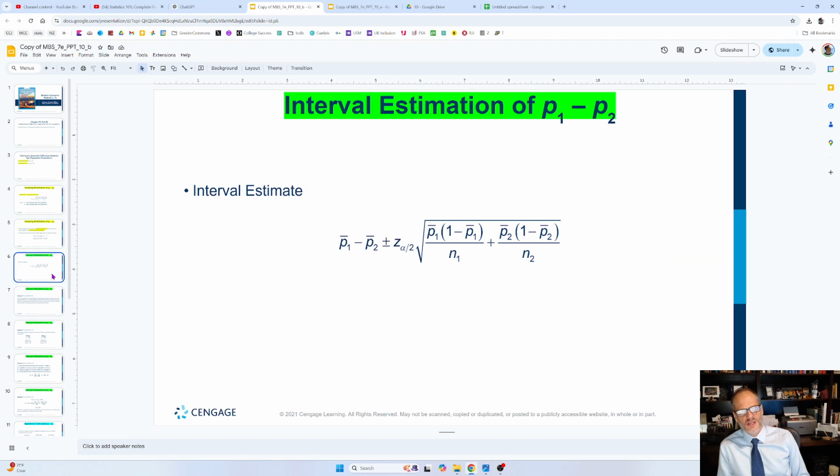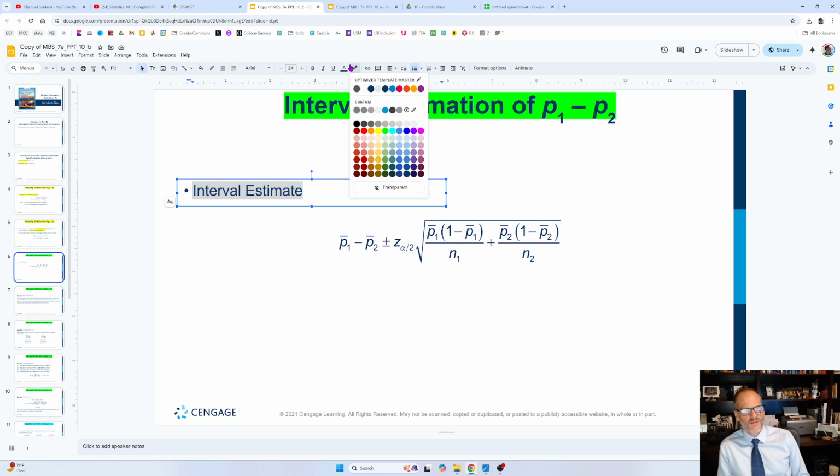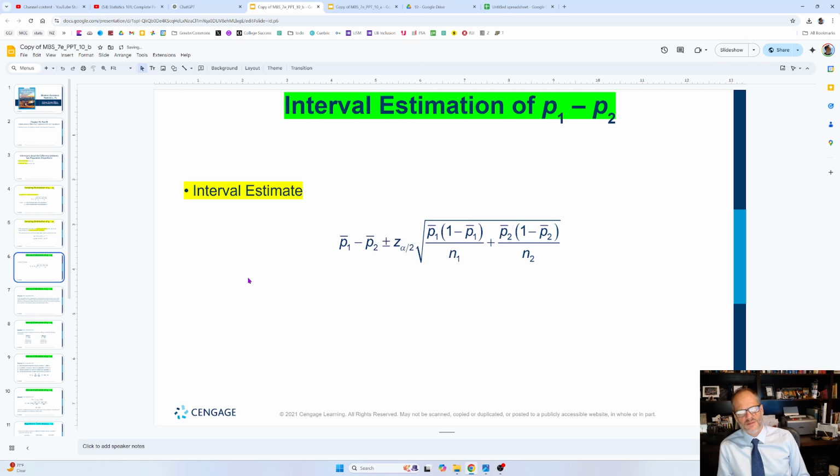So if we have some situation where we want to do interval estimation of the differences between two proportions for two populations, then we can do that. And here's the formula for interval estimation of the differences between two proportions for two populations. It's like maybe you have people from California, what proportion of them like orange juice, and people from Florida, what proportion of them like orange juice?